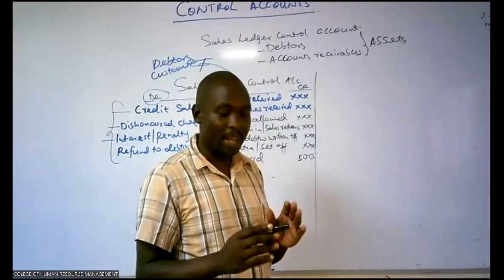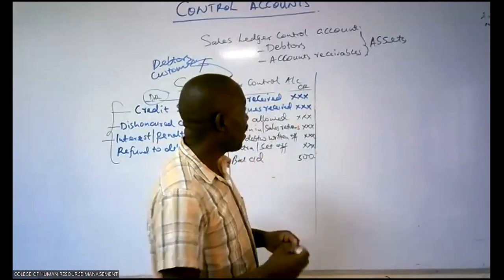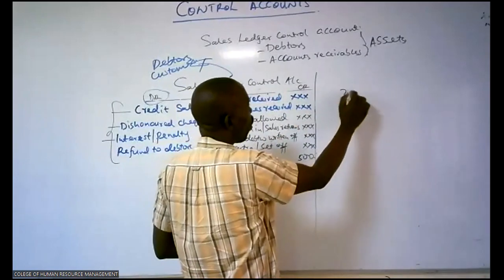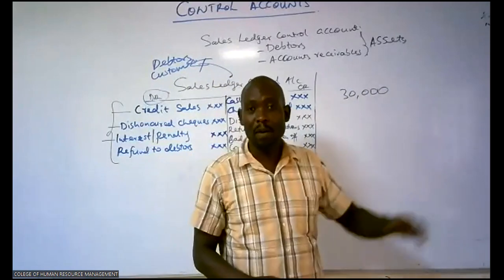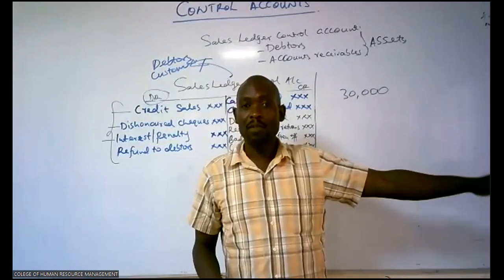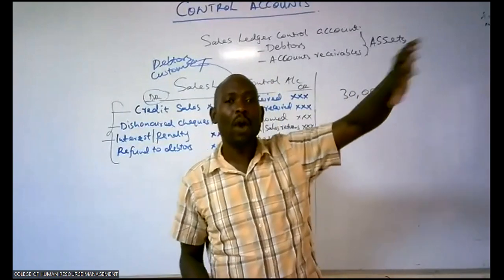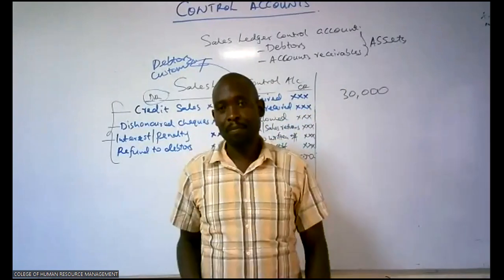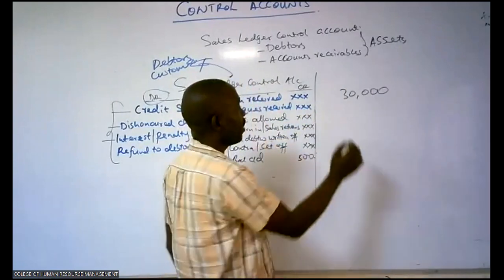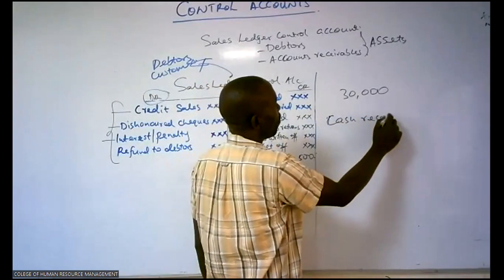I was giving a very general example in the sense that you expect all your debtors, all of them combined, they can be 10. Maybe another one of them owes you 1,000, another one 1,500, another one 10,000, like that. But when you add all of them, they are supposed to pay you 30,000. One of the debtors pays you. This is now the cash that you have received from one of them.